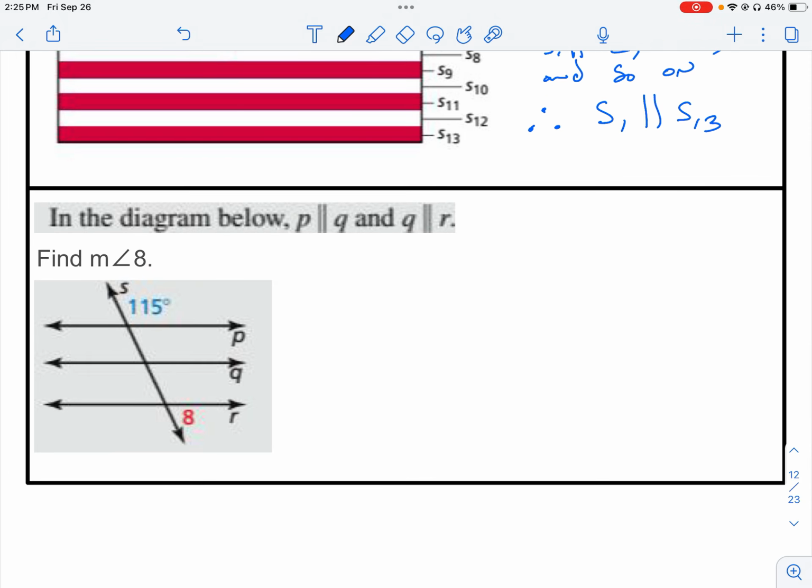So what does that mean for us? Let's find the measure of angle 8, which is this one way down here.